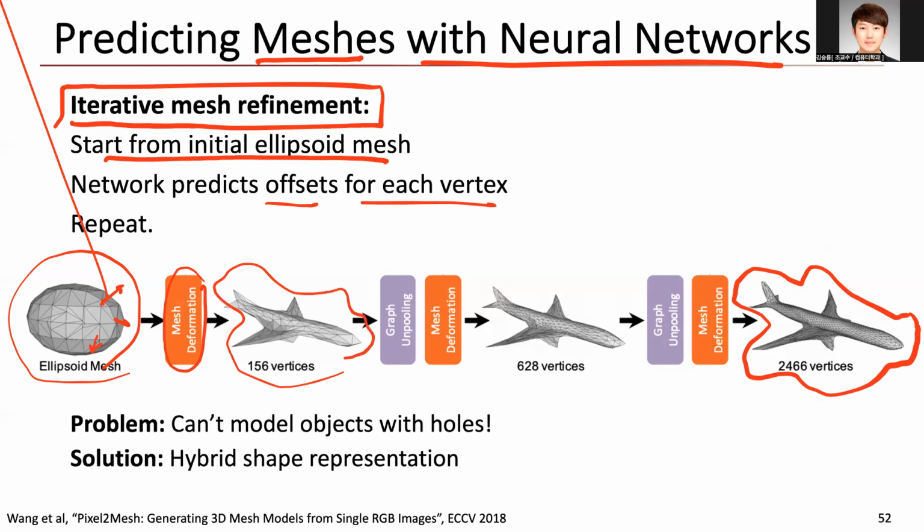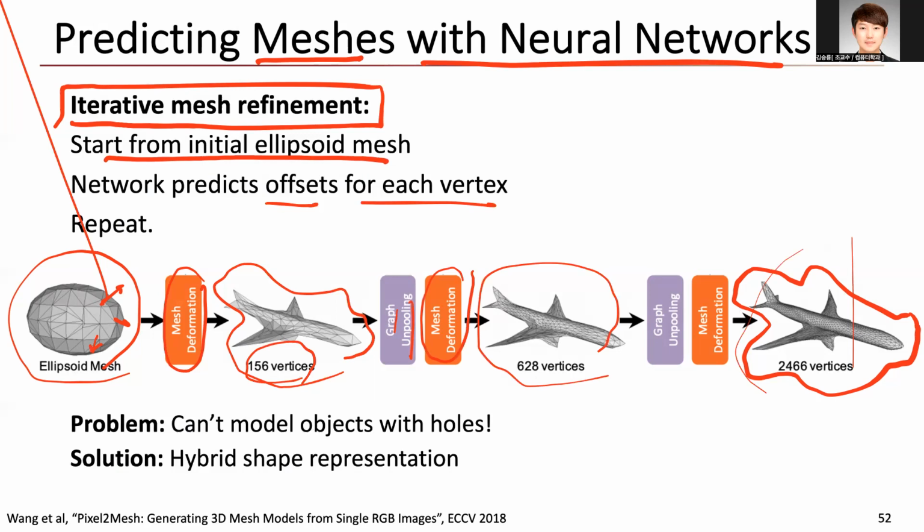Then by using a graph neural network, we unpool these meshes, I mean increase the number of vertices, and apply the mesh deformation again and refine again. So this is the iterative mesh refinement module.